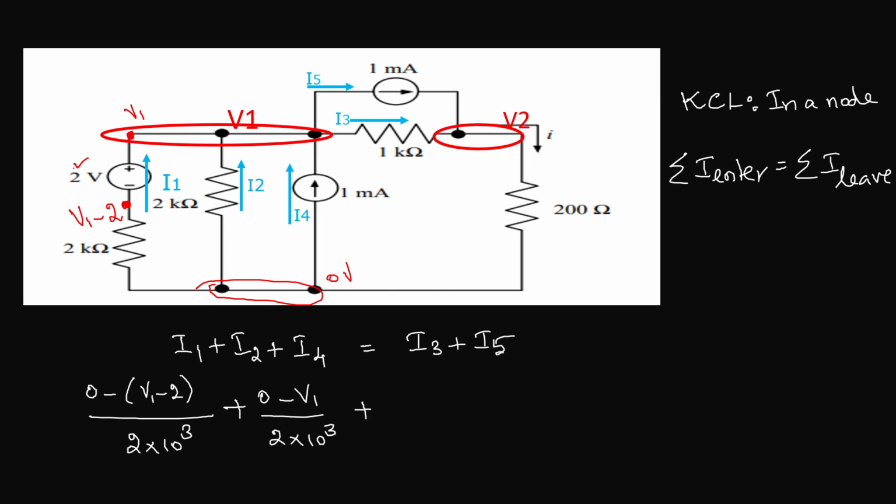Plus I4 is 1 milliamp current given in the circuit, so it is 1 into 10 power minus 3. That is equal to I3, flowing from V1 to V2, so it is V1 minus V2 divided by 1 into 10 power 3, that is 1 kilo ohm, plus I5 is 1 milliamp current, so it is 1 into 10 power minus 3.